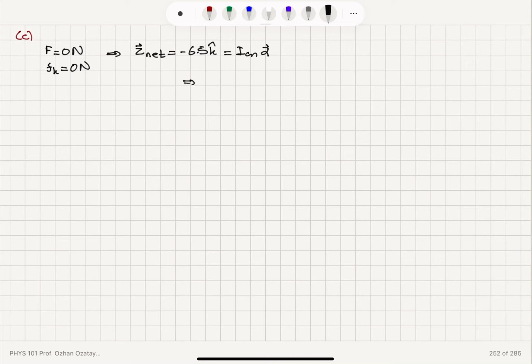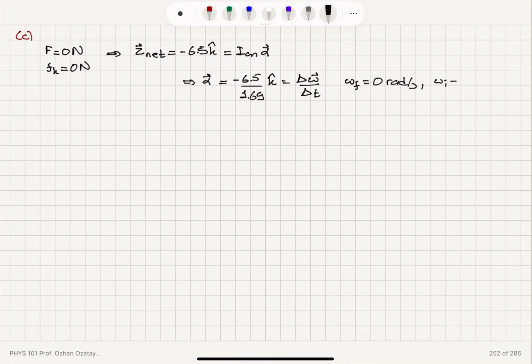So this will give us for alpha minus 6.5 divided by 1.69 k hat, which is the change in the angular speed, delta omega, divided by delta t. So our final angular speed will be 0 radians per second.